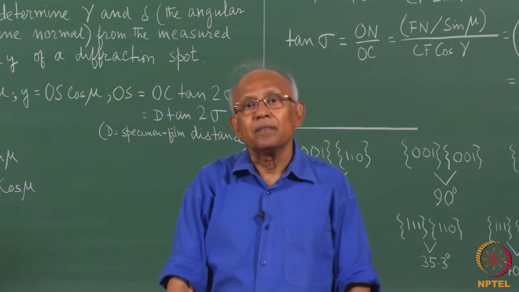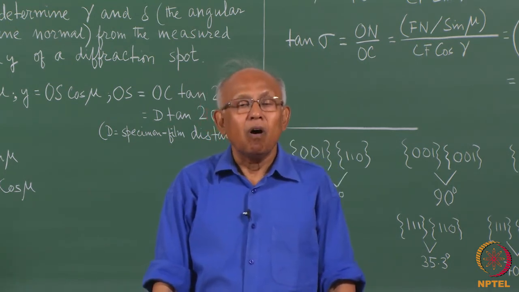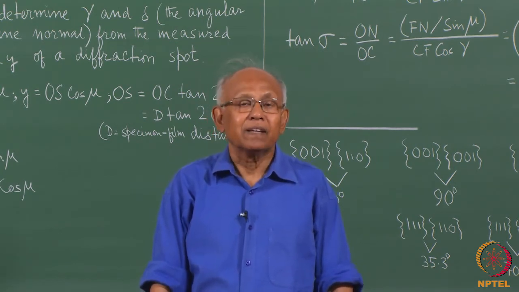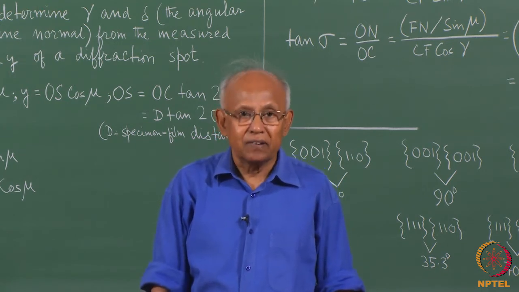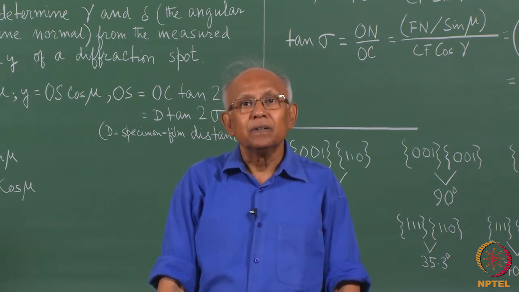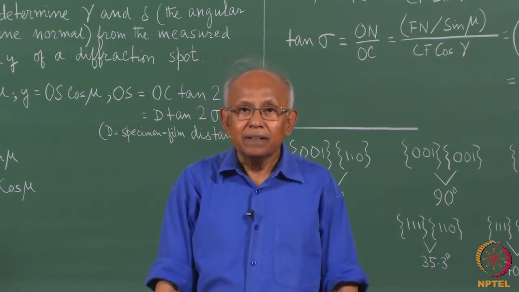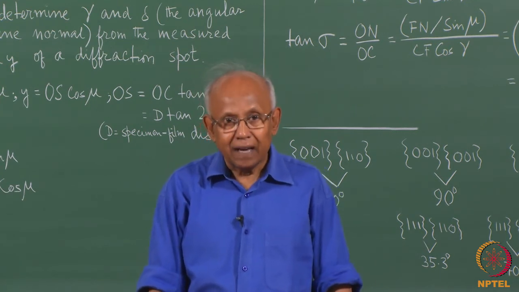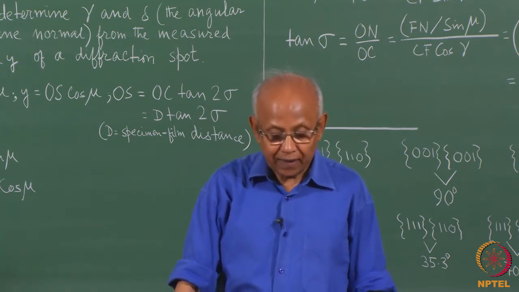In my lecture, I will deal with the principles of the back reflection Laue method for determining a single crystal orientation. The method will be very much similar in case of the Laue transmission method and the diffractometer method. I am not going to discuss those two methods here.